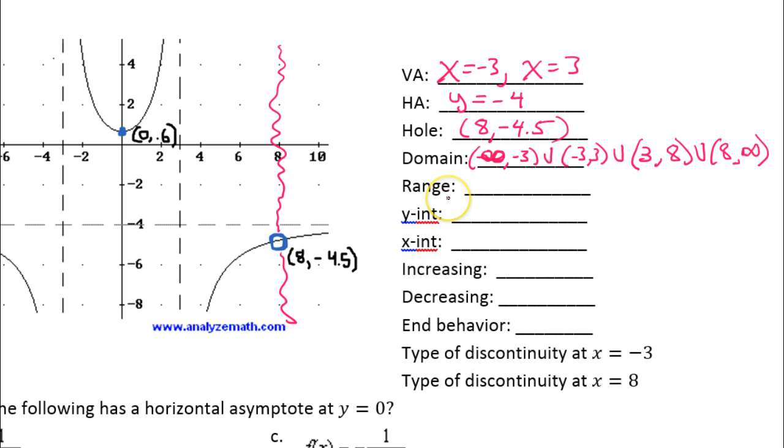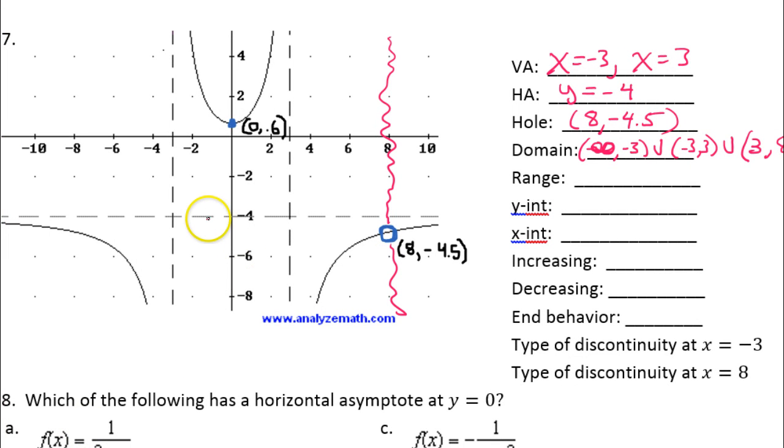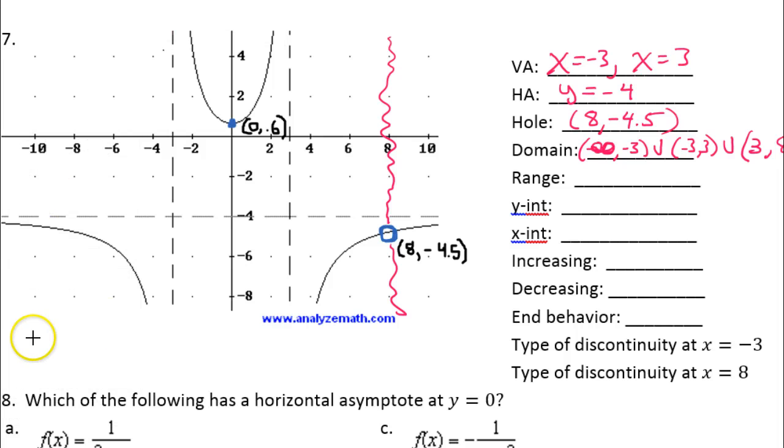All right, for the range. Now you know that range goes from bottom to top. Okay, you just have to watch out for your horizontal asymptotes. Okay, so look, as you look at this graph, let me make a bar real quick, if I may. Students have trouble with the range sometimes.